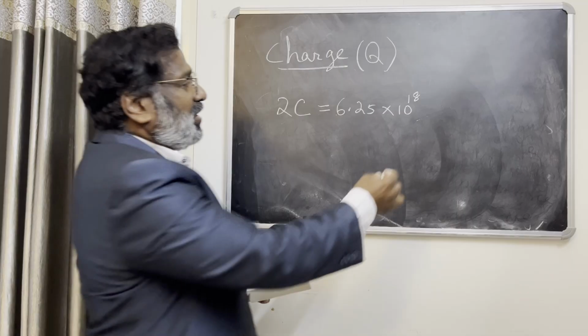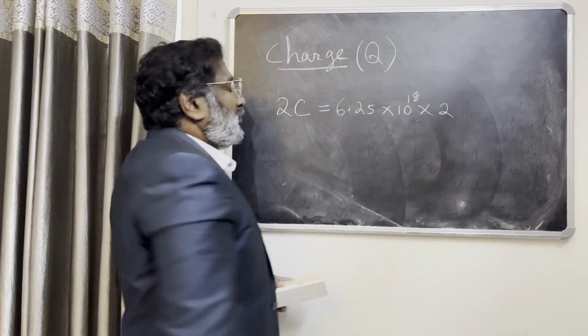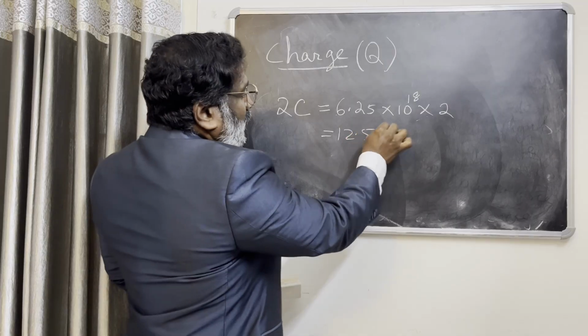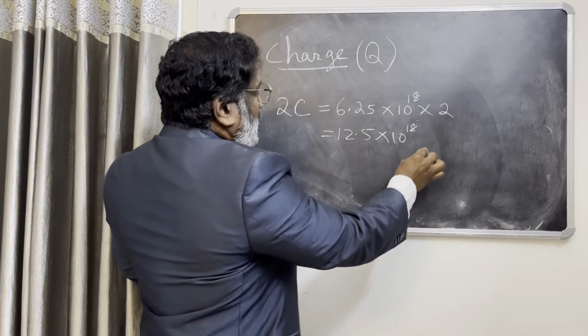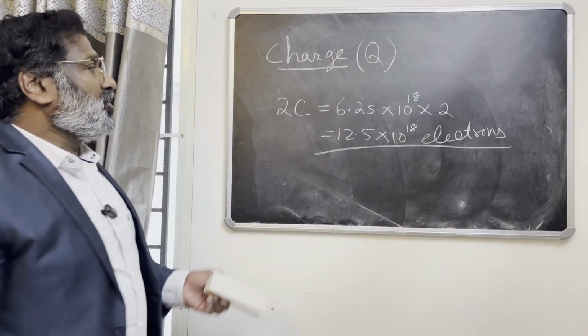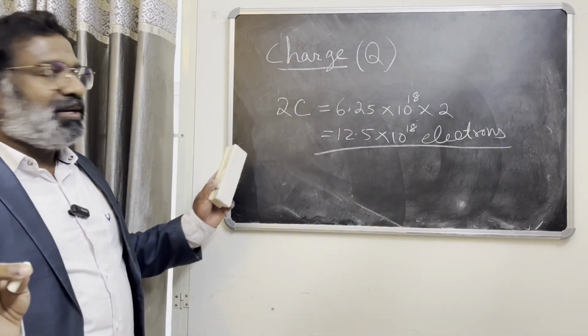For 2 Coulomb, multiply by 2. So, 12.5 into 10 power 18 number of electrons together means 2 Coulomb. You got it?